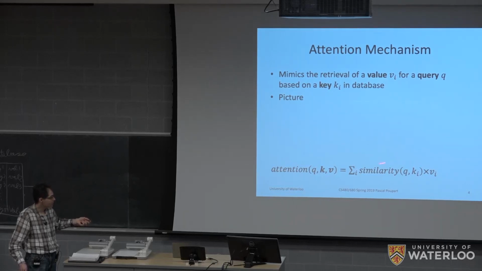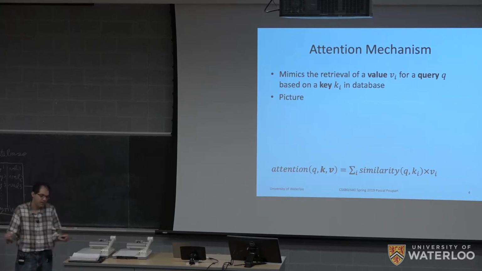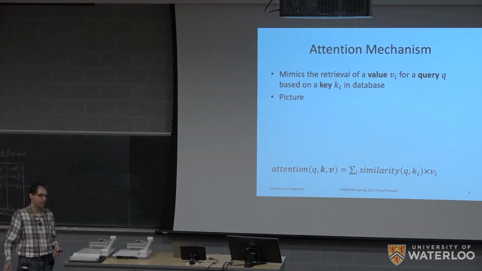So I guess weights that are between 0 and 1. And then even if we have multiple keys that have some similarity, the idea is that we're going to produce a value that's going to be a weighted combination based on the weights.